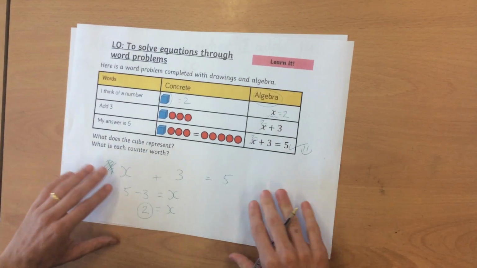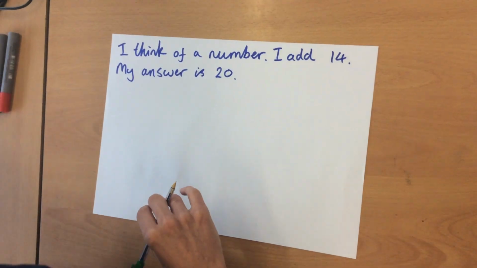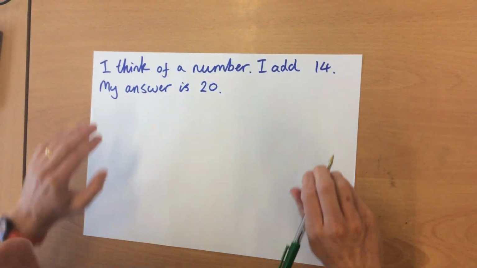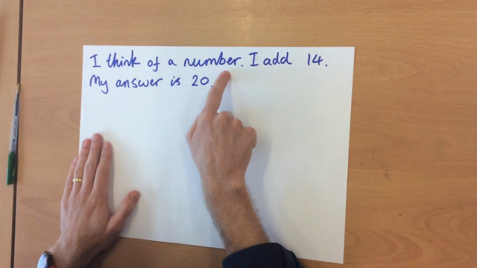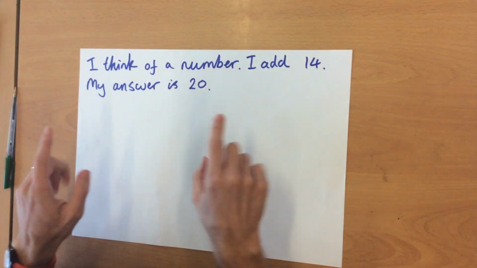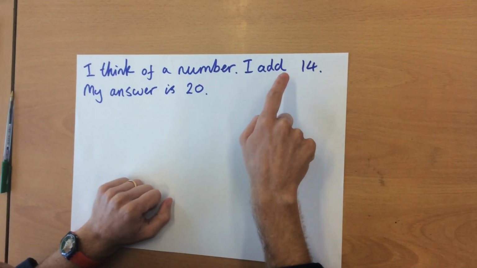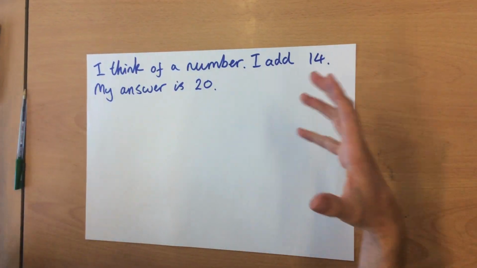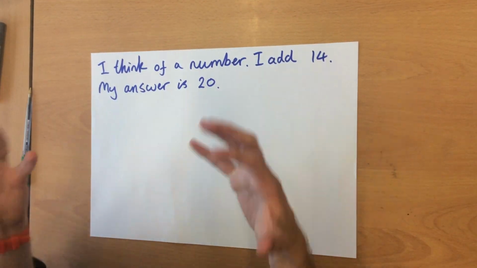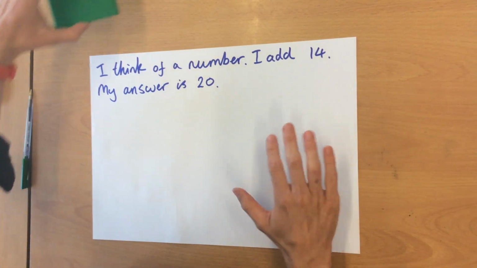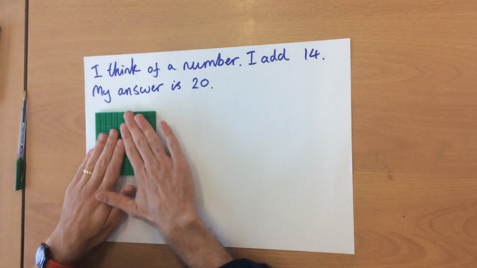So that's just one example. I'm now going to model a different word problem. We're still going to be using the same type of method, okay? And your question says this, I think of a number, we've got to be like Sherlock Holmes here. I think of a number, I add 14, and my answer is 20. Right, well, first of all, however you do this at home, you can do it pictorially or using manipulatives. I'm going to start building this first. So I think of a number, it's this. This is my number.